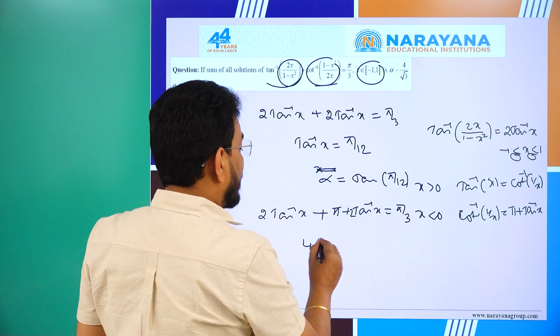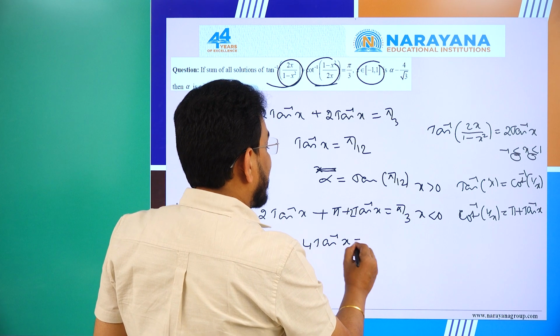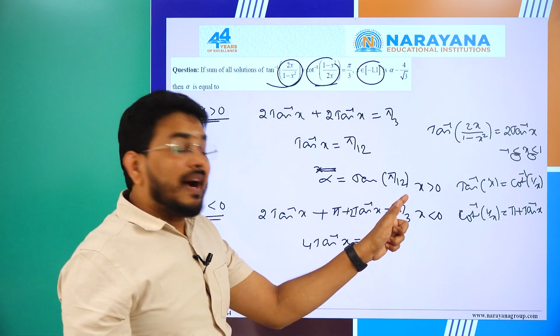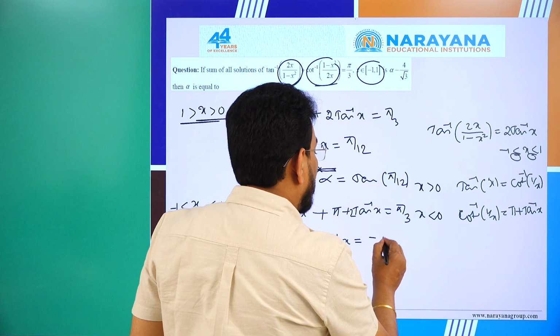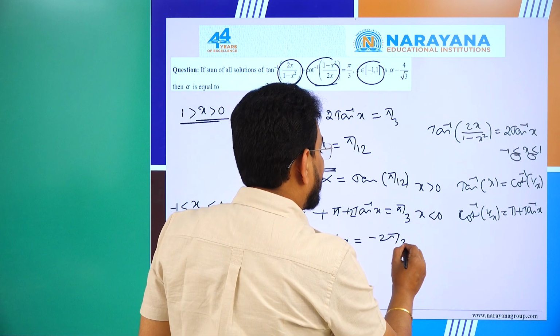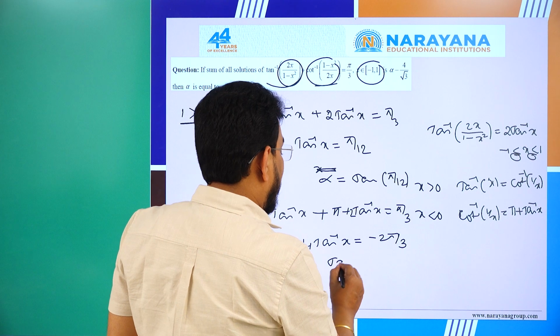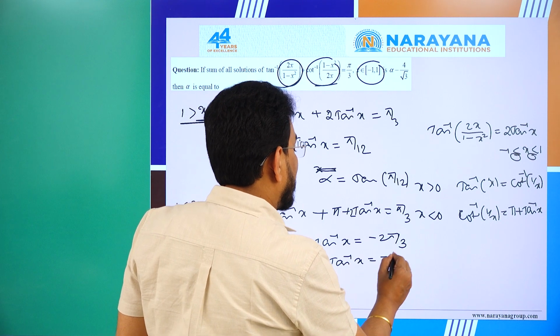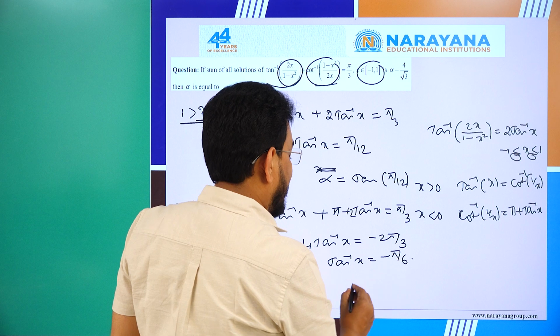So 4 tan inverse of x is equal to pi by 3 minus pi, which is minus 2 pi by 3. So tan inverse of x is equal to minus pi by 6.